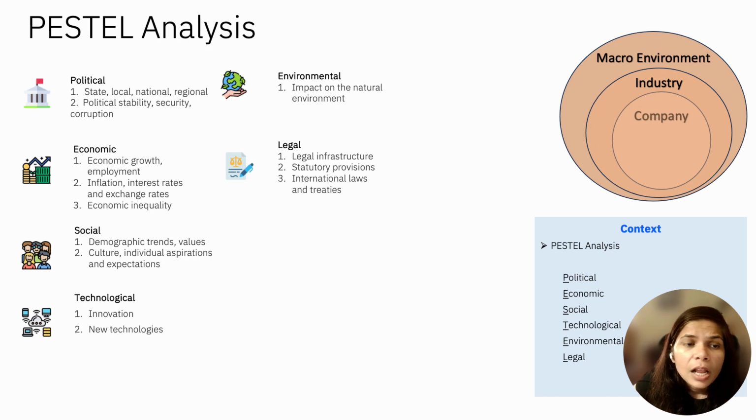Finally, coming to the last letter of PESTEL, which is L, implying legal. You need to understand the legal infrastructure. So the market or the country or the geography in which you are going to operate, what is the legal infrastructure? How many courts? What is the court procedure looking like?